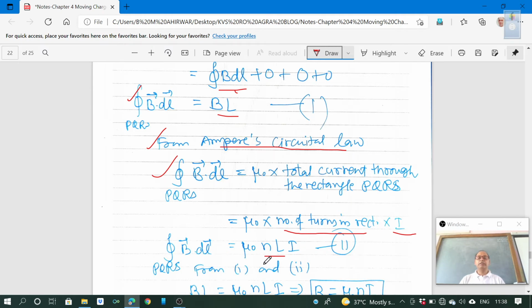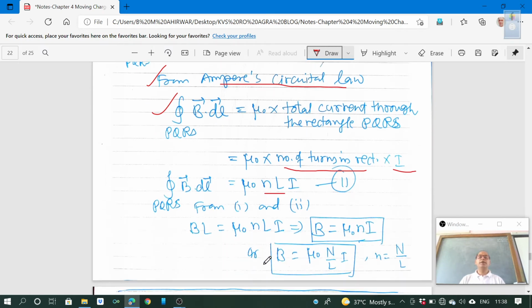This is equation 2. If we compare equations 1 and 2, we get B L equal to mu naught n L I. So L will cancel.